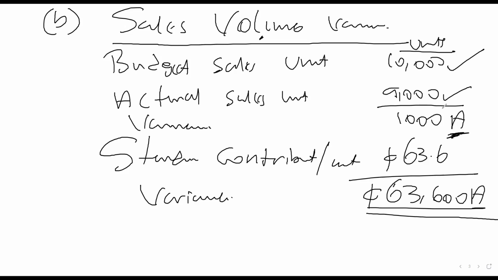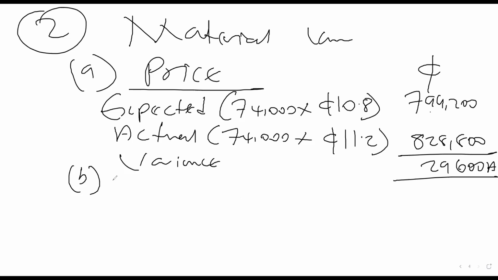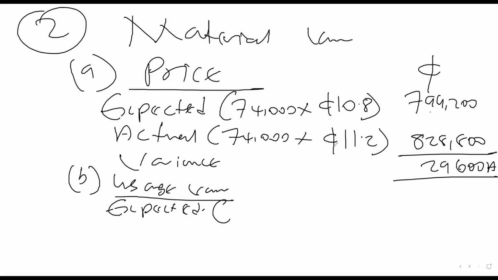Do you agree now? Yes, I agree. Good. So let's do material usage variance, round two. I start with expected. Here you open a bracket and pick the actual production units.